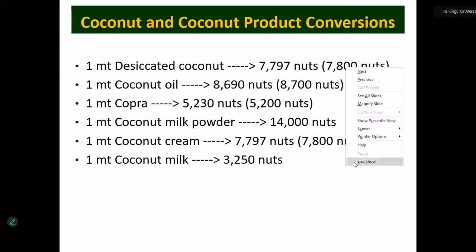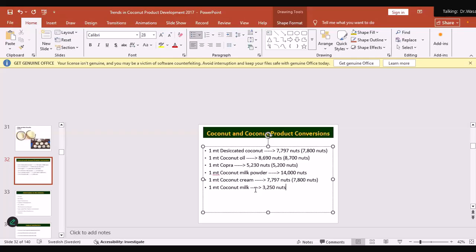It is not in your module. Average dehusked nut weight: 710 grams.